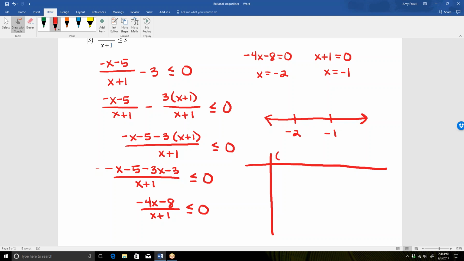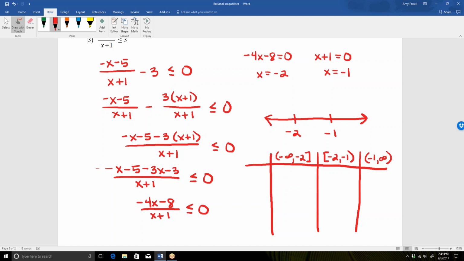So when I go to write my intervals, I've got the interval negative infinity to negative 2. I will use a bracket by the negative 2, and then negative 2 to negative 1, but I'm going to use a parenthesis by the negative 1 both times I write it. And so this all has to do with the fact that although this is a less than or equal to 0, we cannot divide by 0.